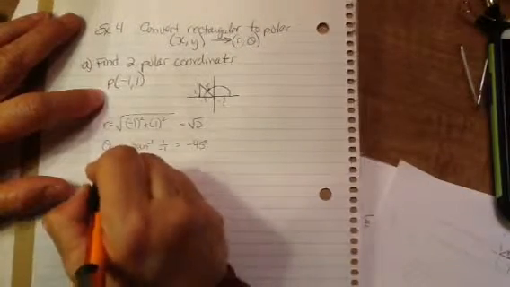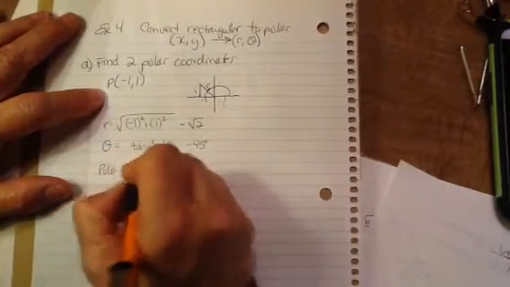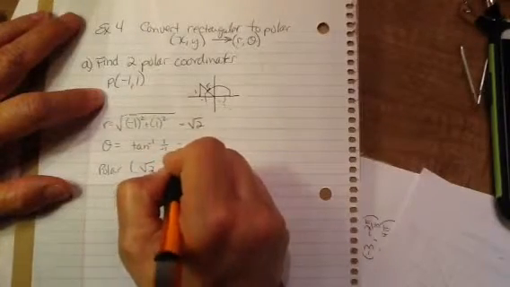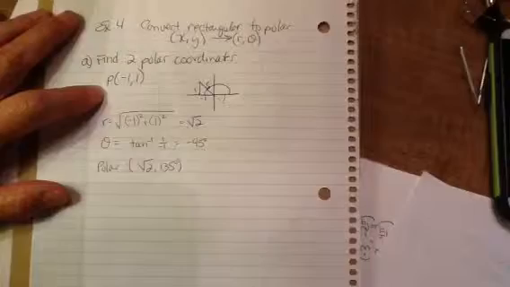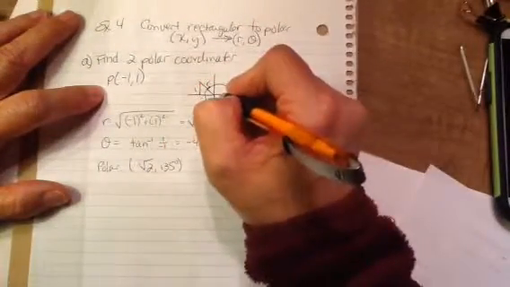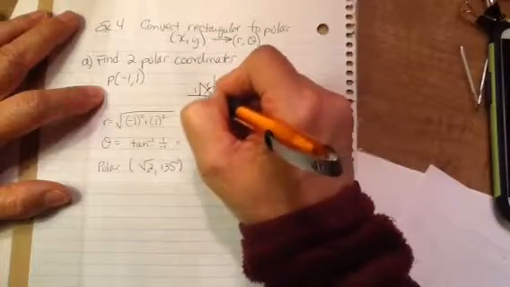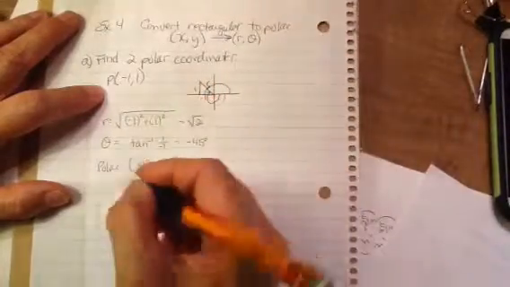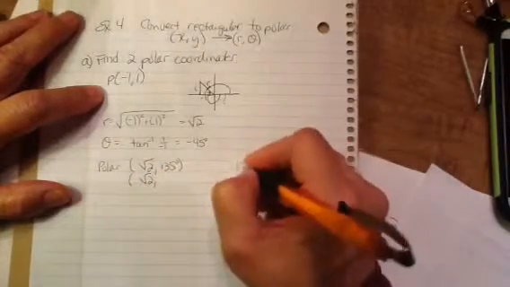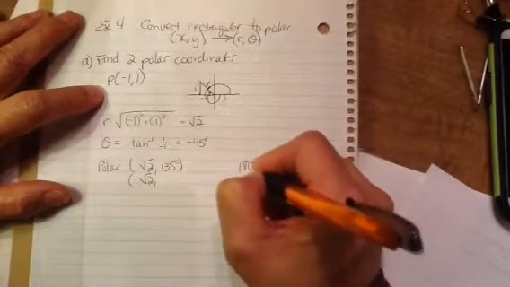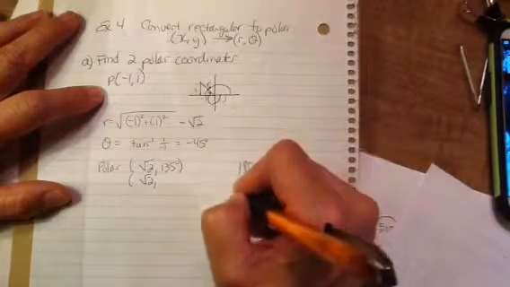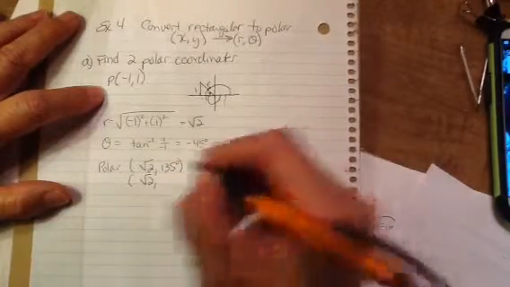So my polar coordinate is now square root of 2, 135 degrees. Now that's one of them. I need another one. Well, if I want to keep this positive, I could always come around here and I could say that it's square root of 2 and now it's 180 plus 45, which is 225, and because I went in the negative direction, it is negative.